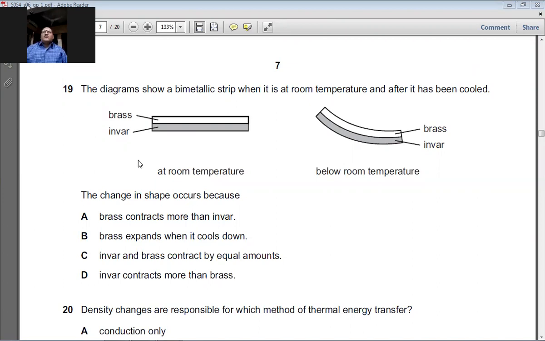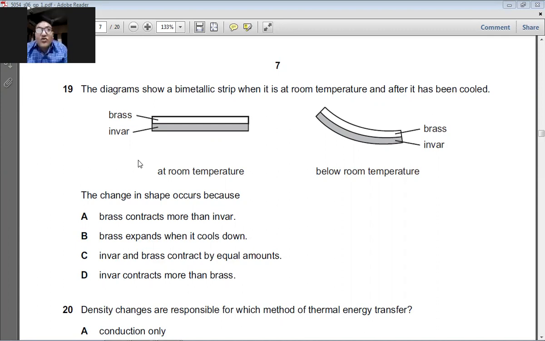So when you cooled it, it bended upward. The reason is that bending upward shows that the brass is contracting more and the invar is contracting less as compared to the brass. So that's why it bended upward.